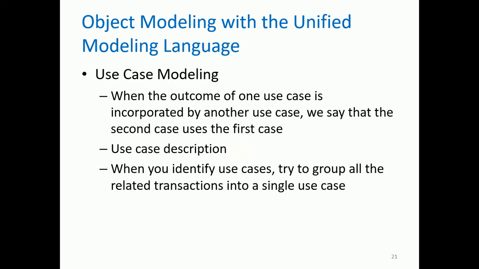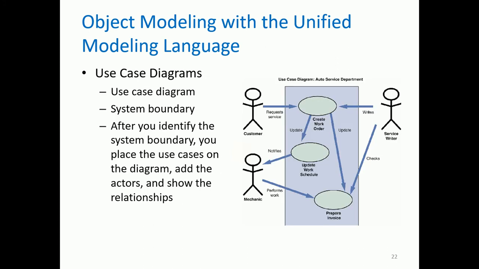And then we also have the use case description. When you identify use cases, try to group all the related transactions into a single use case. So the collection of use cases is called a use case diagram. So this is already an example of a use case diagram. There is an interaction between the use cases, and then we have the system boundary.